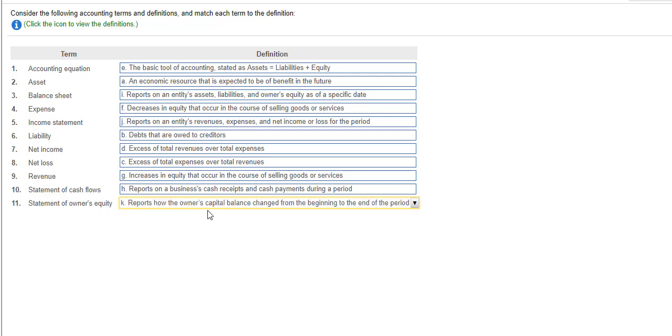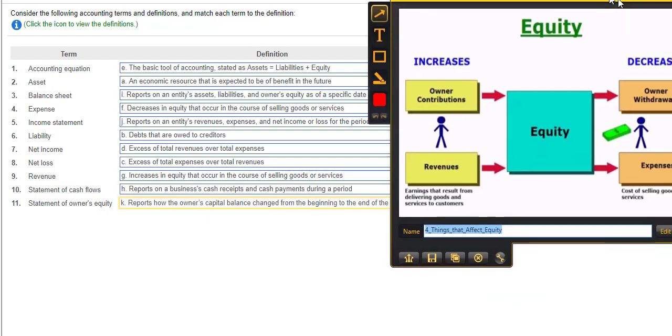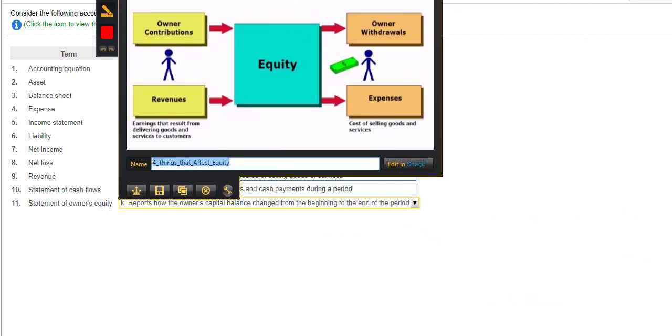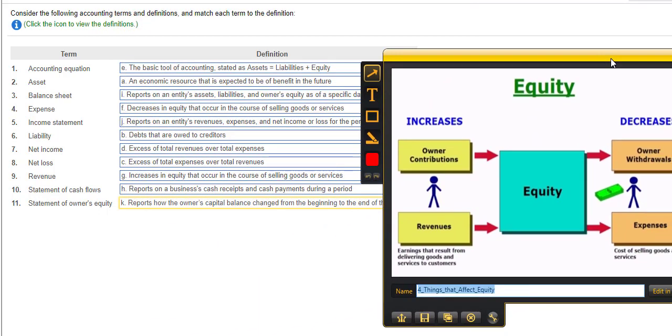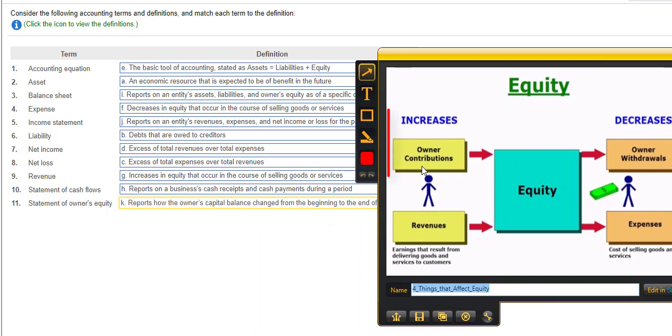and how it changed from the beginning of the period, which is usually a year, to the end of the period. So remember, the 4 things that affect equity are owner contributions, when the owner puts money into the business, and revenue, which is when they sell something. These 2 increase equity.